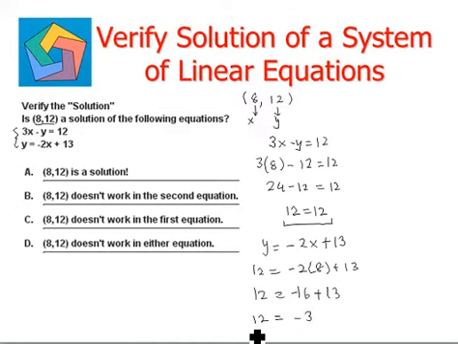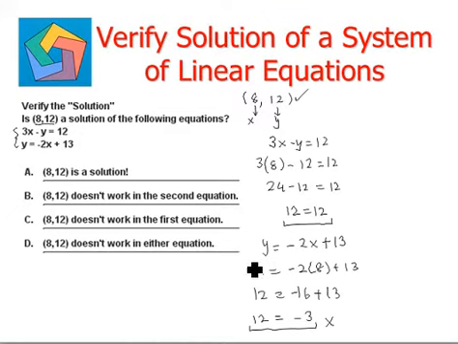So we see that this is not true. That means 8, 12 doesn't satisfy the second equation. If it would have satisfied both the equations, then we say that x equals 8 and y equals 12 is a solution. In this case, 8, 12 is not a solution.